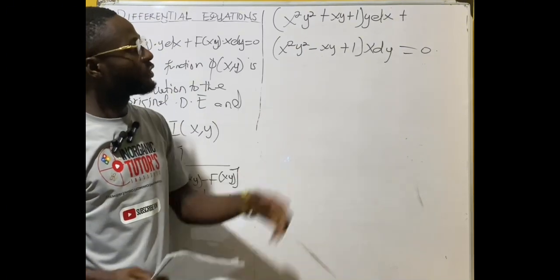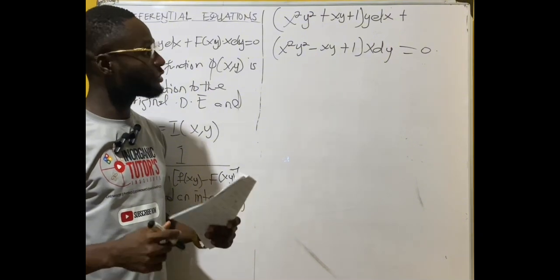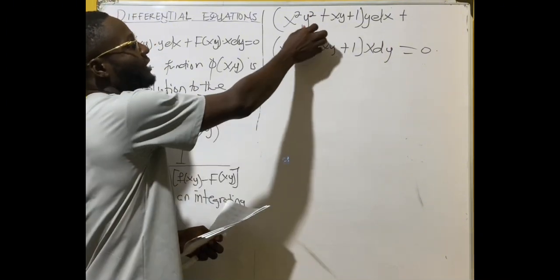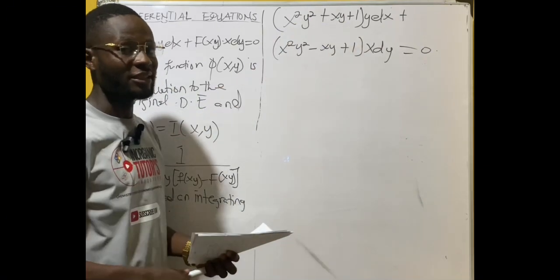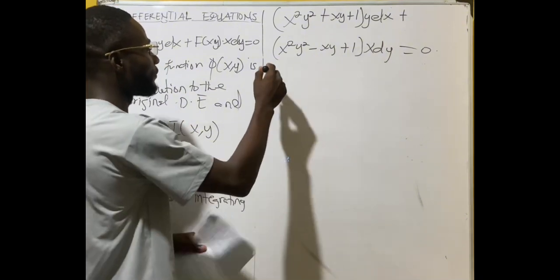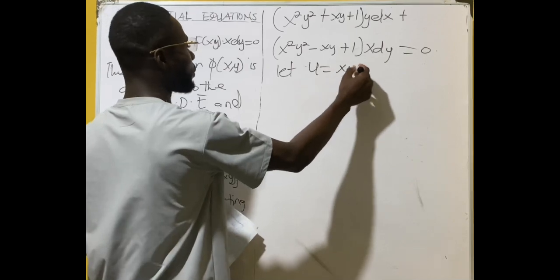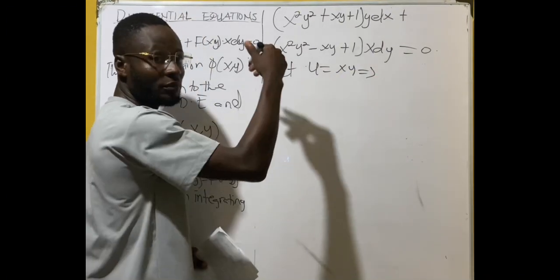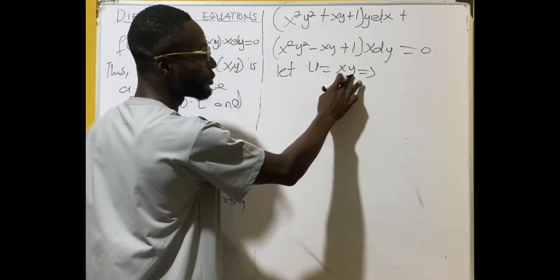Okay, so we're going to solve this differential equation. Note, to make the work easy, we have to let these product functions represent a single variable, right? So first of all, let u equals xy. This implies, from our earlier notice, that u is equal to xy.